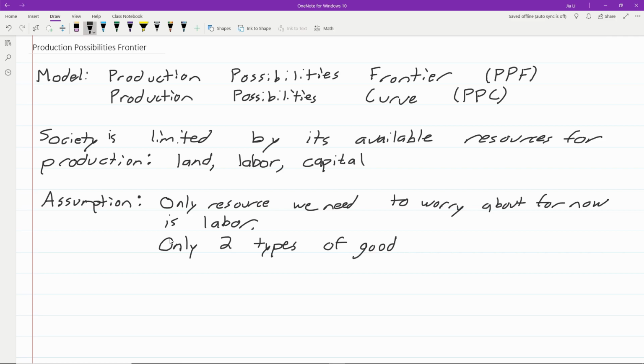Now, of course, this is a gross oversimplification, but this is similar to the assumption that we made for the budget constraint, where we said that the only thing that Carol needed to worry about in terms of office supplies was buying copy paper and sticky notes.